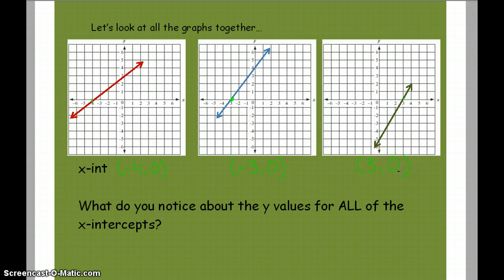Now what do you notice about the y values for all of these x-intercepts? Well, the y value is, you guessed it, 0. So whenever looking for the x-intercept, the y value is going to be 0.